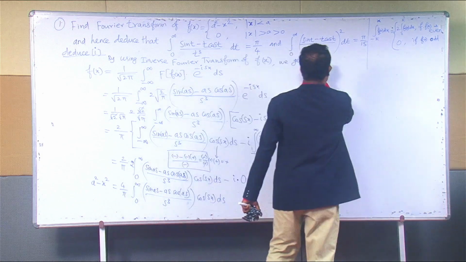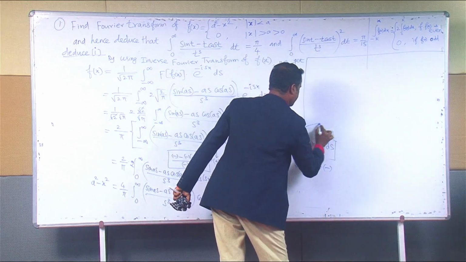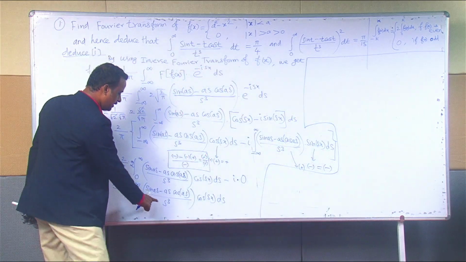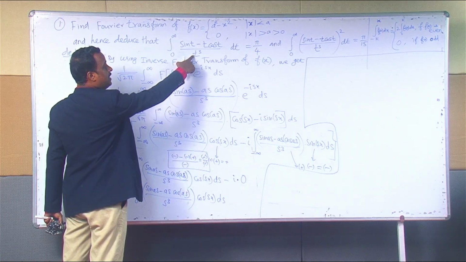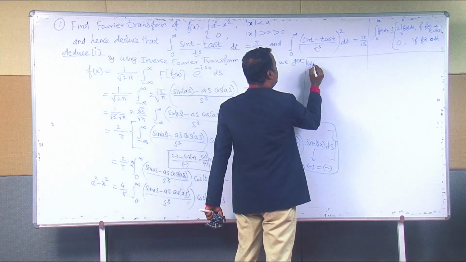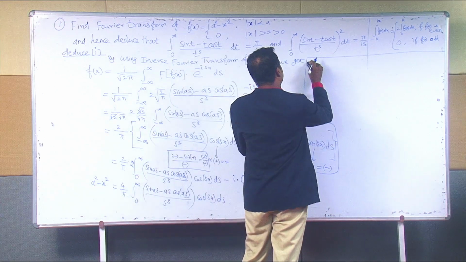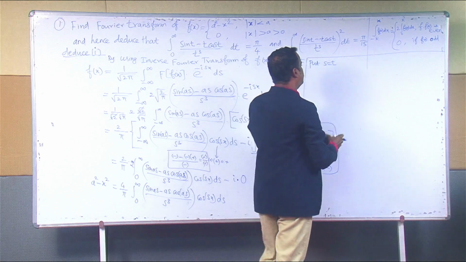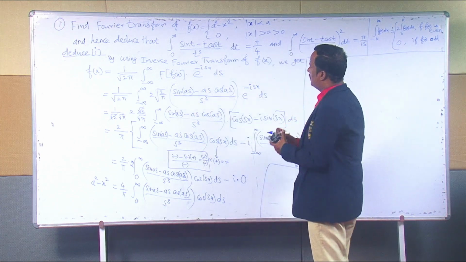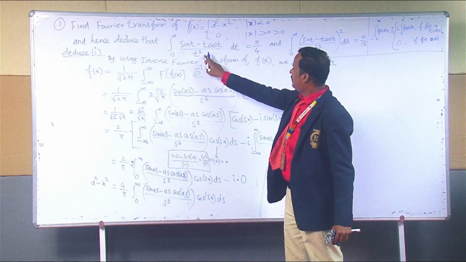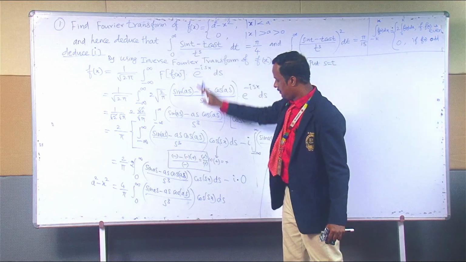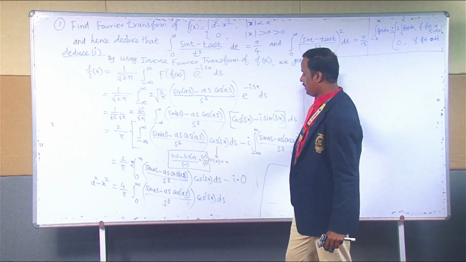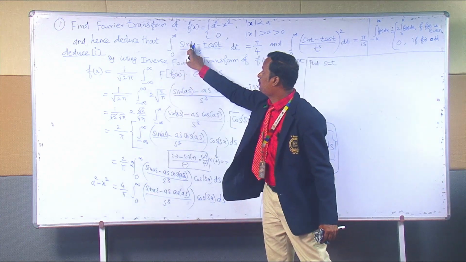So we use the substitution: put s equal to t, instead of s we write t. Here, considering the first part sin s, substituting s equal to t, it becomes sin t.